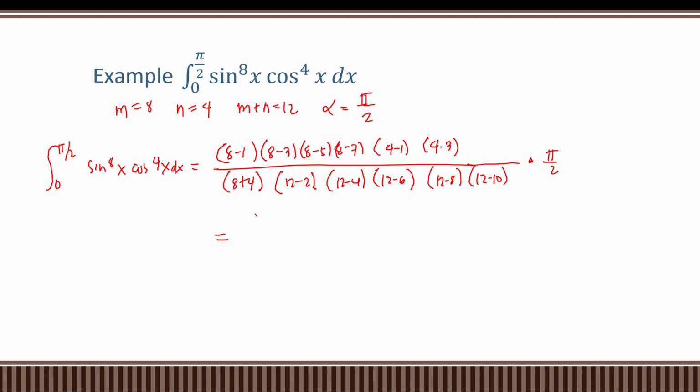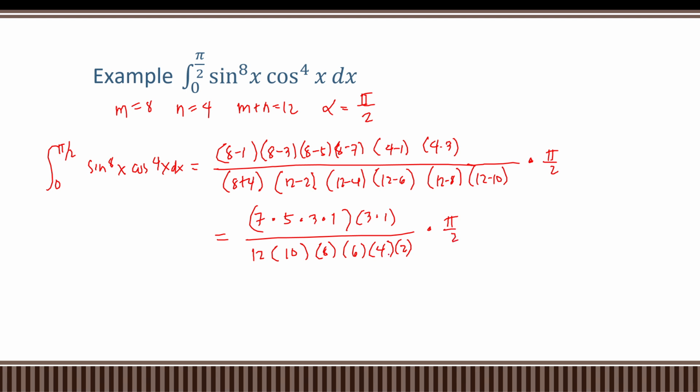We are going to have 7 times 5 times 3 times 1, then times 3 times 1 over 12 times 10 times 8 times 6 times 4 times 2, then multiply by pi over 2.